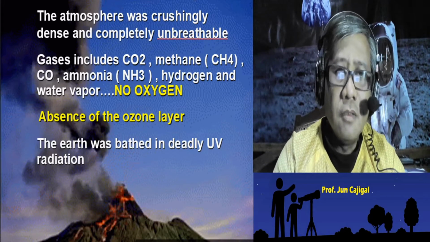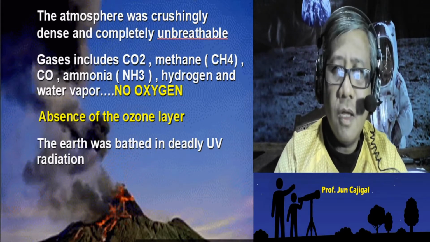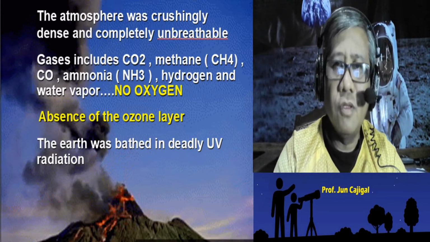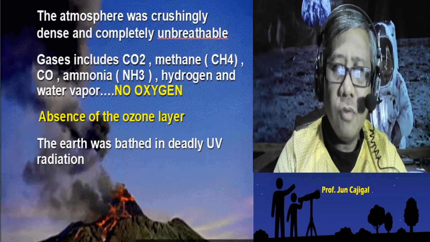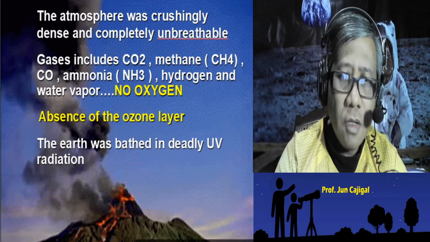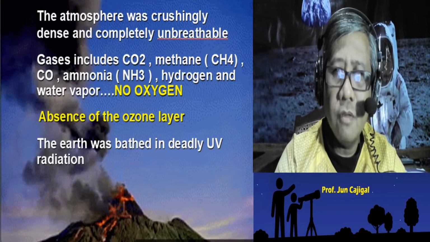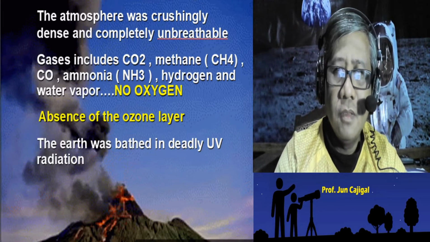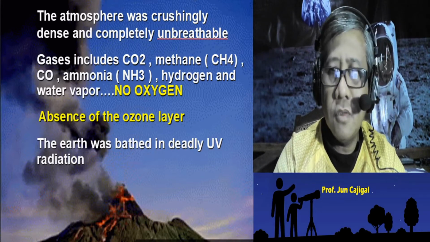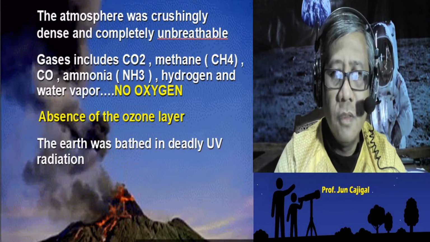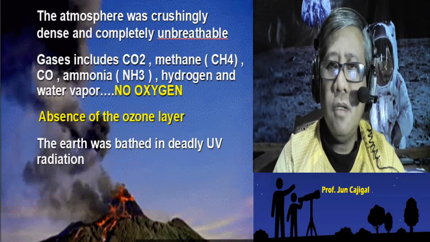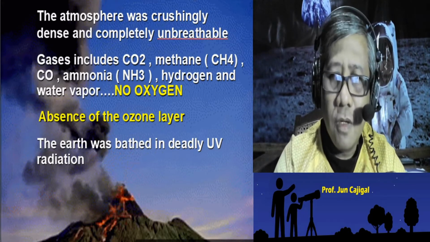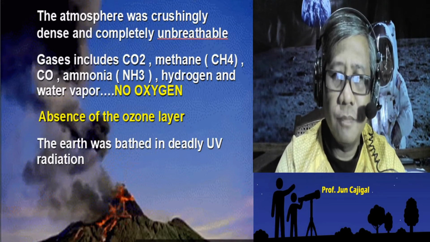Bakit? The gases in our early atmosphere include carbon dioxide, methane, carbon monoxide, ammonia, hydrogen, and water vapor. See? And walang oxygen. There was no oxygen during that time in our early atmosphere. So, paglabas mo sa time machine, talagang mamamatay ka, you will suffocate. See, there is no oxygen.